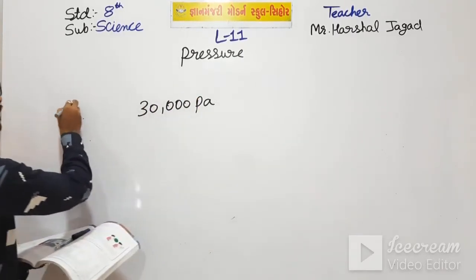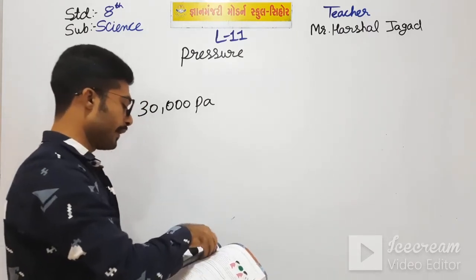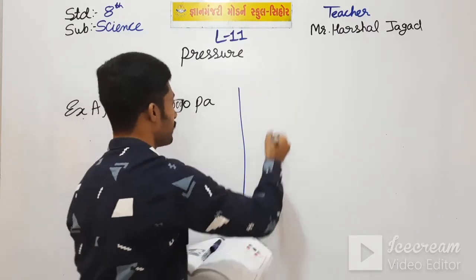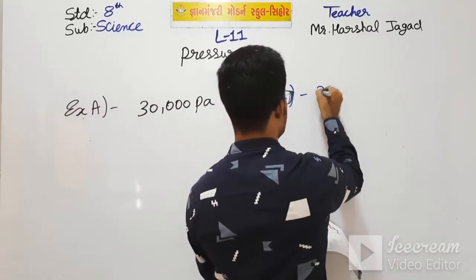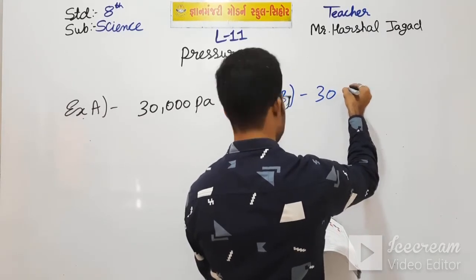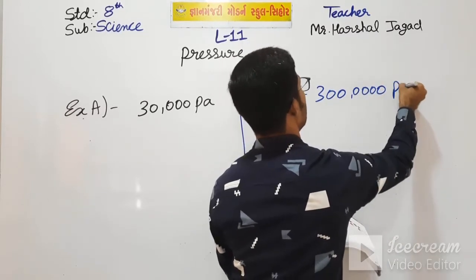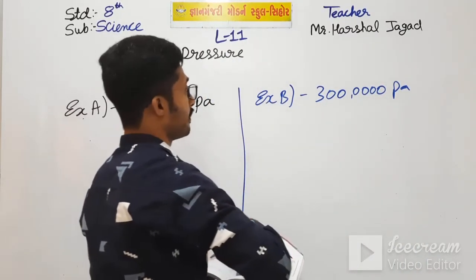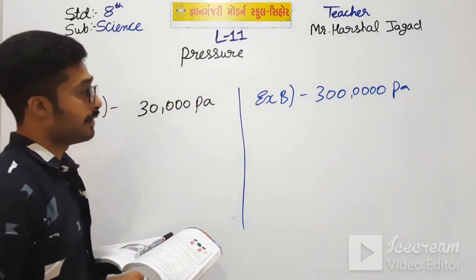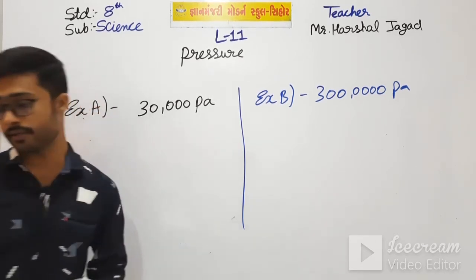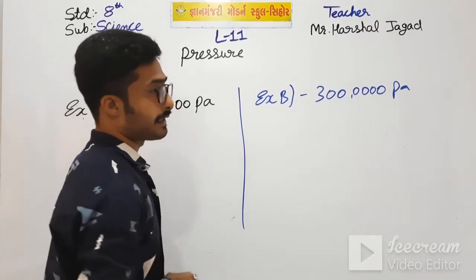In example B, we got a pressure of 30 lakh Pascal. Why? Here the force is the same.